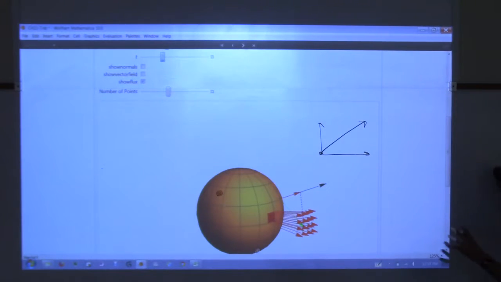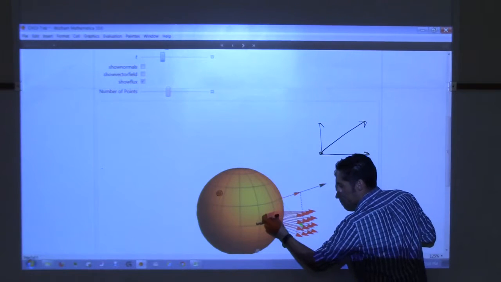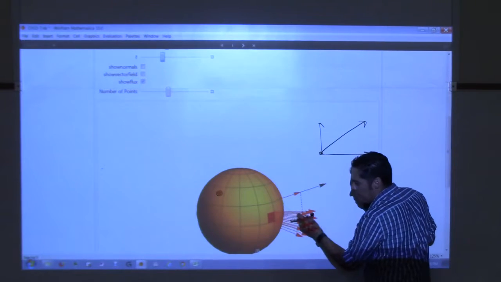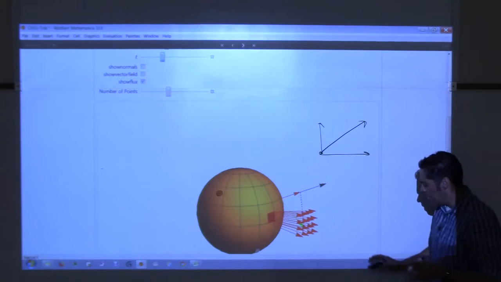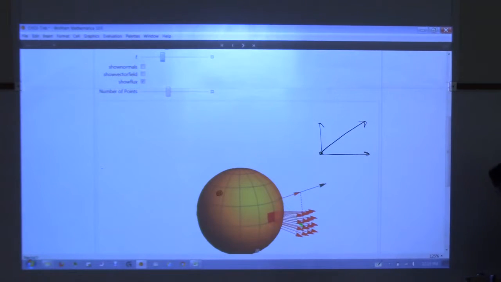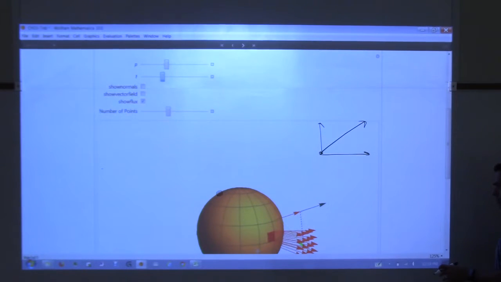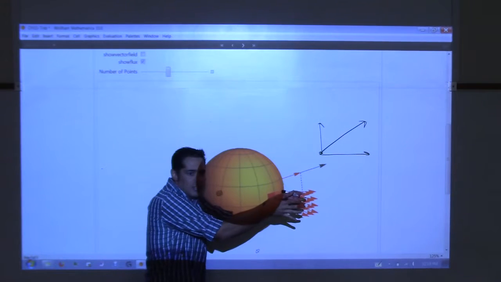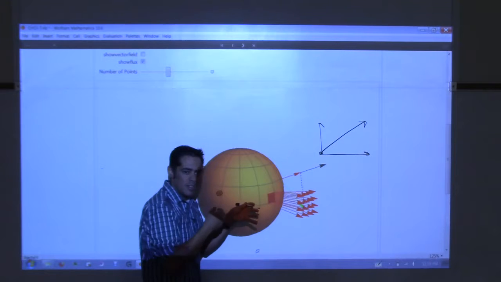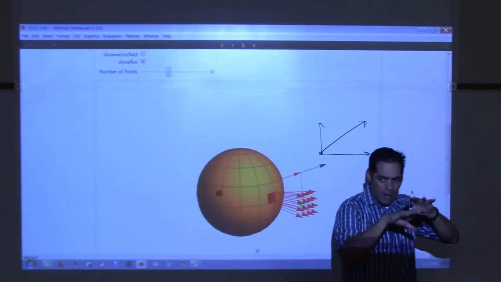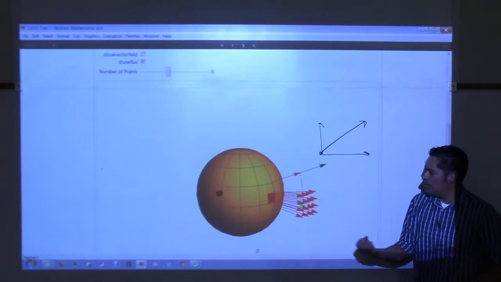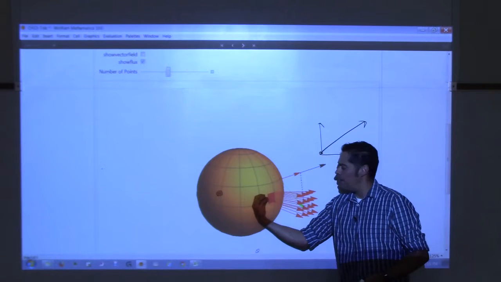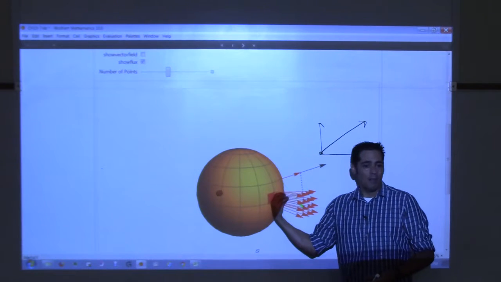And you get this infinite number of vectors that are coming out of this. And what that's giving you is a flow out of that patch. All right, so if this is an electromagnetic field, it's giving you a measurement of how much flow, electronic flow, is out of that patch.